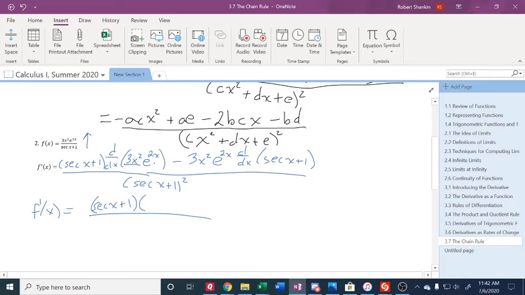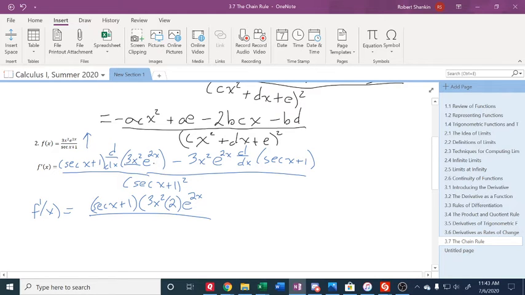The derivative of this, I need the product rule first times the derivative of the second. When I take the derivative of e to the 2x, I get e to the 2x again. e to any power is just that. But you also get a 2 showing up there.